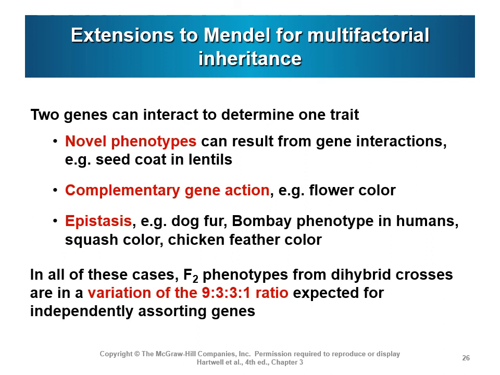In all of these cases, F2 phenotypes from dihybrid crosses are in a variation of the 9:3:3:1 ratio expected for independently assorting genes.